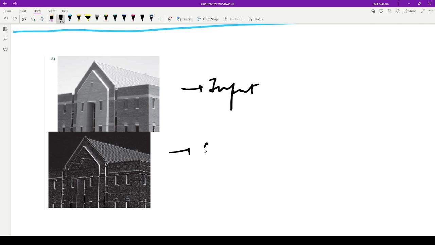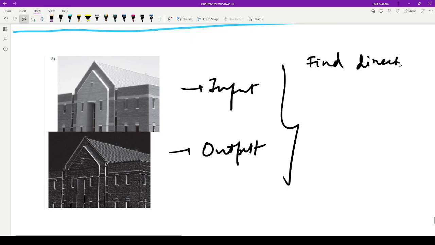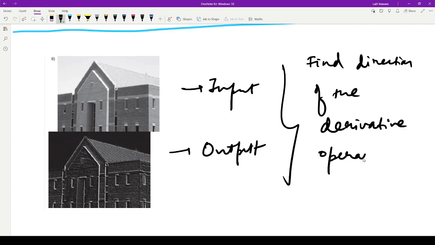The input, this is the output, and you need to find the direction of the derivative operator. What could be the direction? In that specific direction, what should you expect? The response will be very high in that direction, and in other directions, the response will be low.